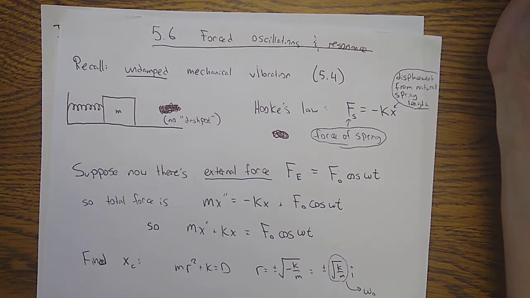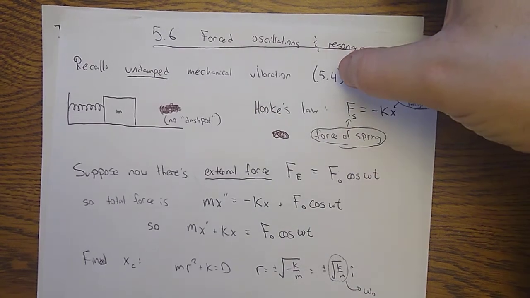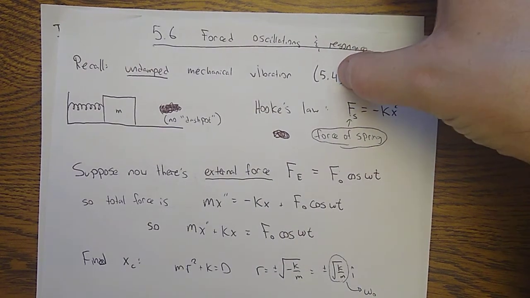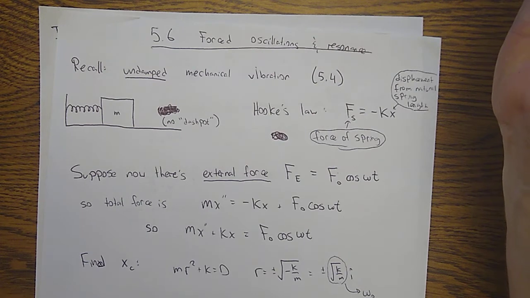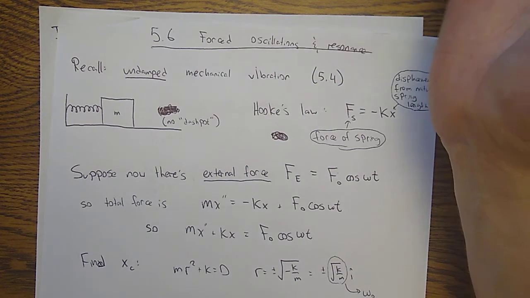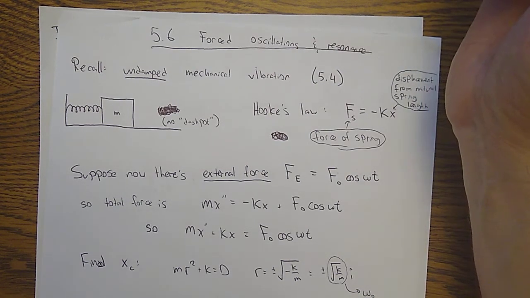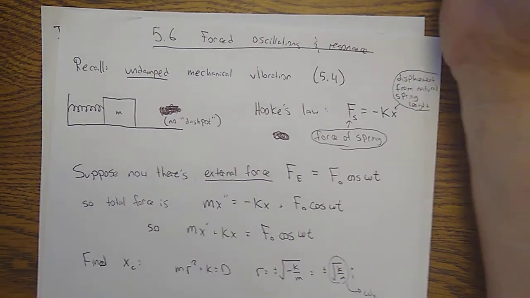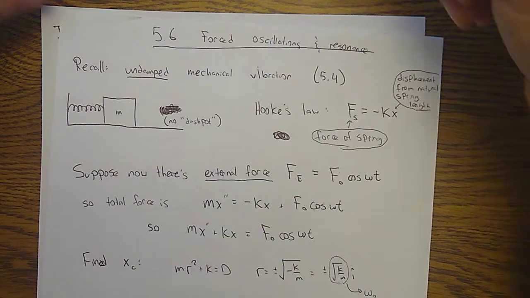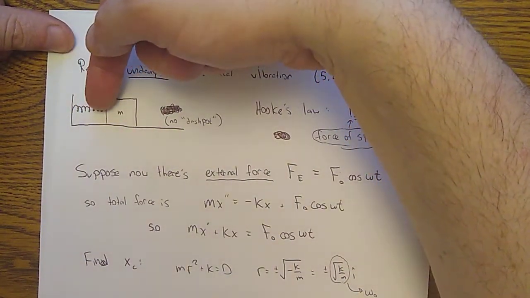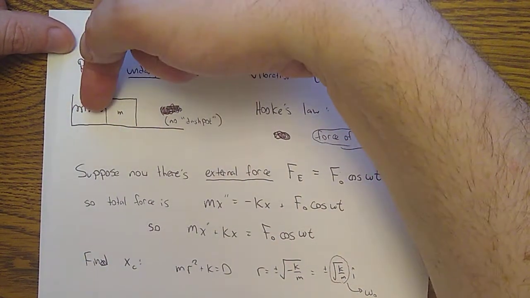So I'm going to ask you to recall, because I did cover section 5.4, which was, if you remember, second order differential equations that come from springs. There was the damped case and the undamped case. Like we had a picture like this. There was a mass and a spring.